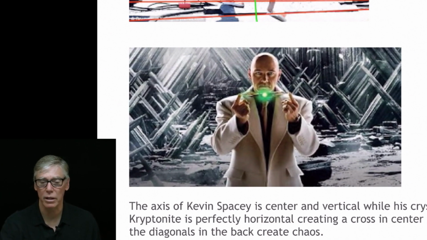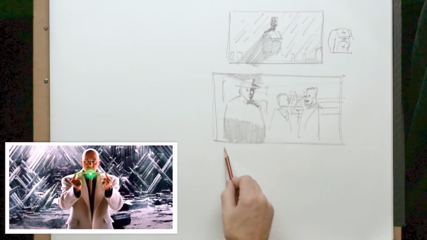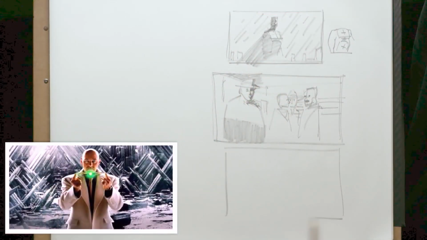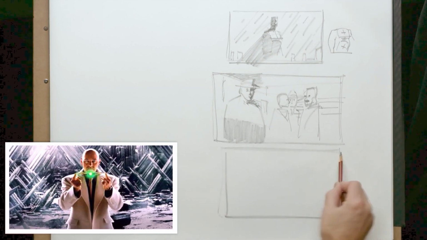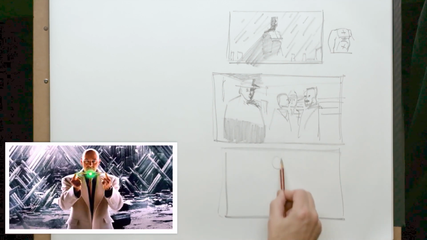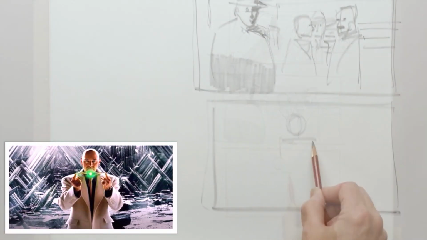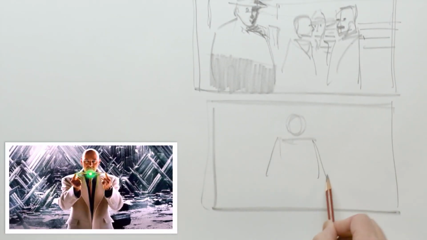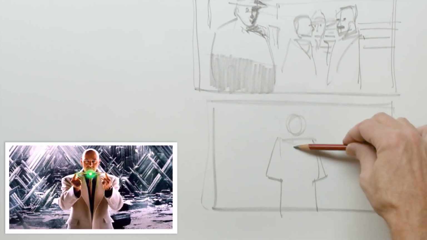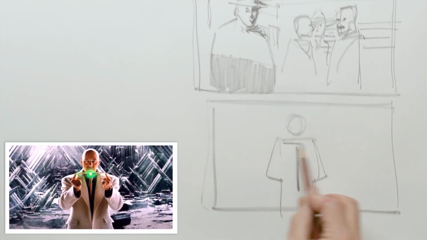Let me just show you on here if I draw this. This is really what's going on in here. We have Lex Luthor here like this, and he's right in the middle, very symmetrical. His tie comes down like this. And here's the story.